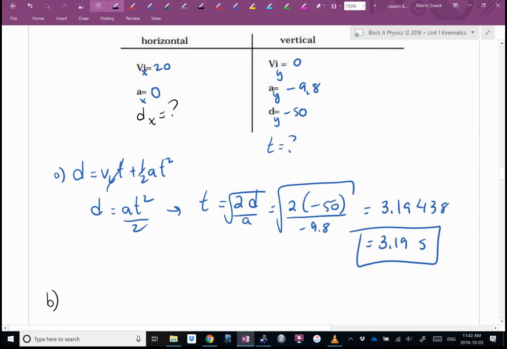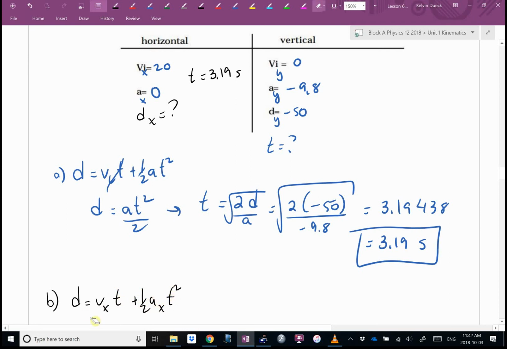So you're telling me that I could have said t equals, I'll write 3.19, but I'll use 3.19438, that there? Michael, I'm looking for an equation that has a VI, an A, a T, and a D in it. There is one. It's the same equation that Drew read to us.